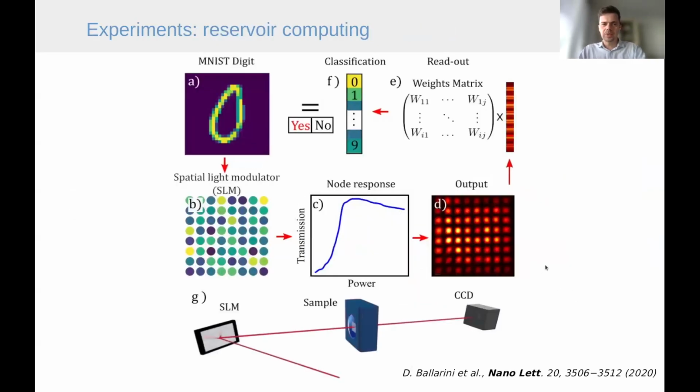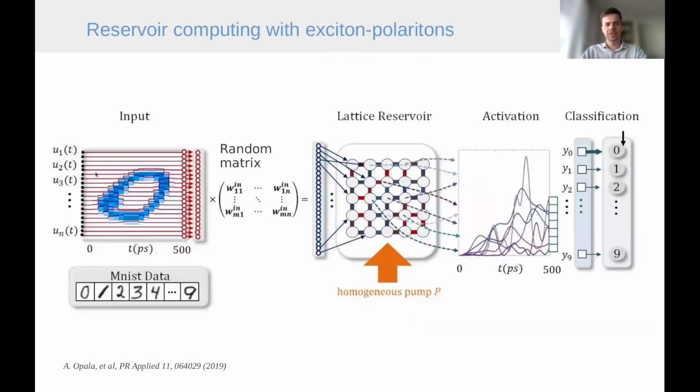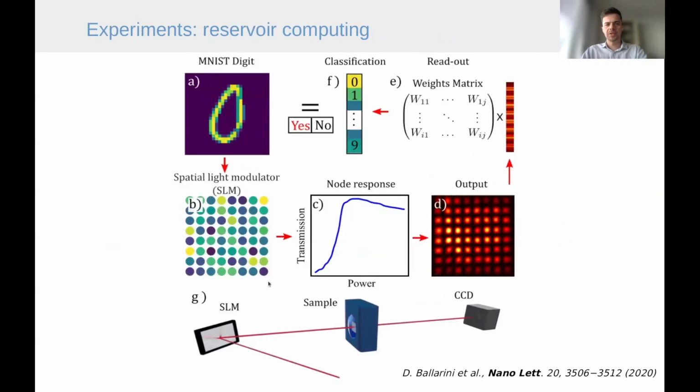And this idea was realized by our colleagues from CNR in Lecce to perform this 110-digit recognition. The only difference here was that instead of encoding this information in time-dependent signal, as was proposed here, this was encoded by a spatial light modulator in a spatial pattern of the input.